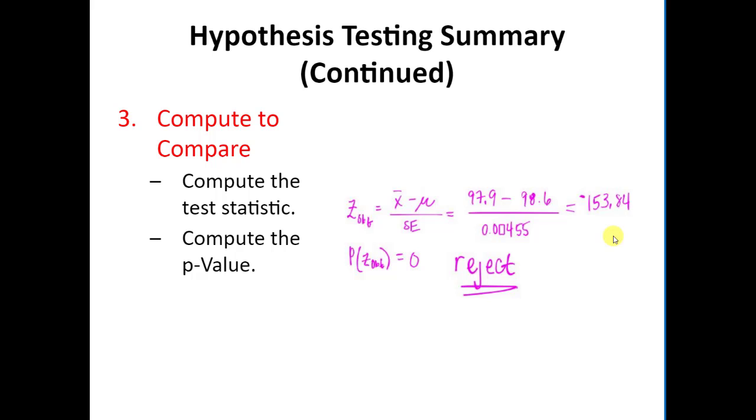I also calculated the probability of obtaining that z-score, and I put that into the probability calculator, and the output told me that there is pretty much no chance that it was due to normal variability. Since 0 is less than 0.01, we are going to reject the null of no difference, and we're going to assume that the alternate hypothesis is correct.